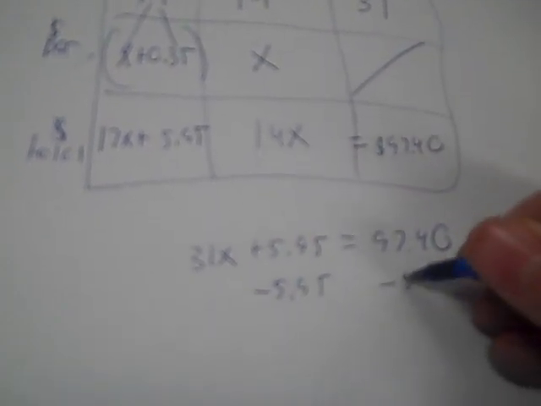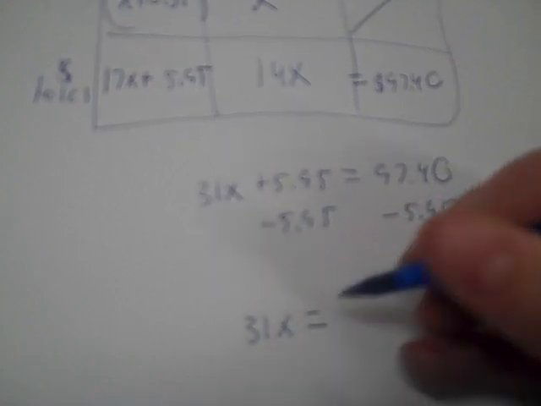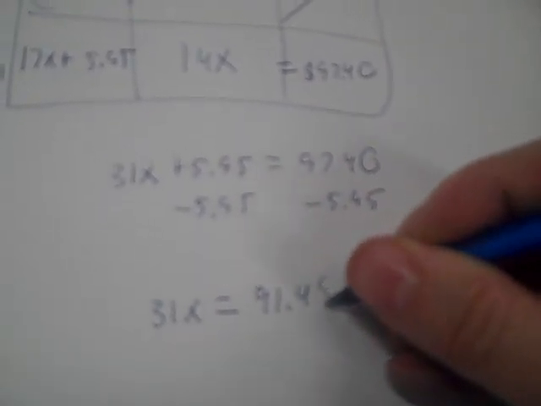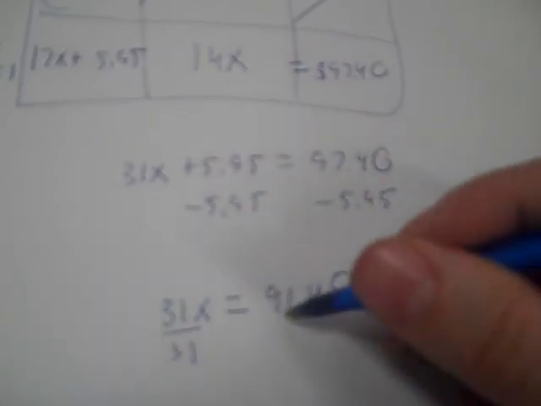Subtract $5.95. So I take 97.40 minus 5.95, and that's going to be 91.45. And then divide by 31.